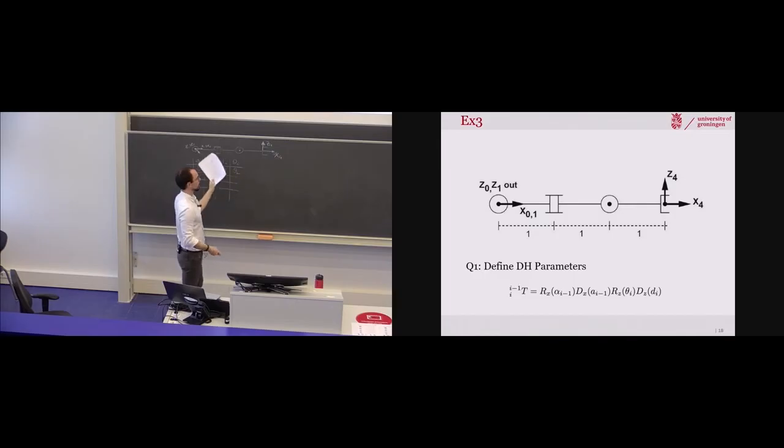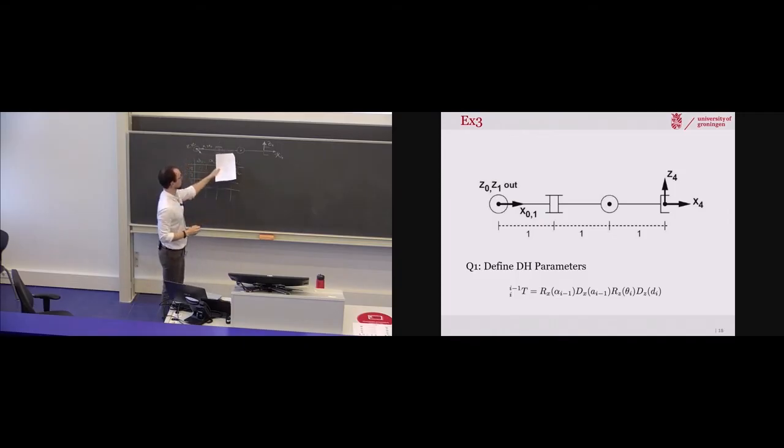Therefore, the only perpendicular between the two axes is the line along the link, okay? And therefore, I have to place the origin of the second frame in the intersection between the perpendicular and the axis, so exactly here.